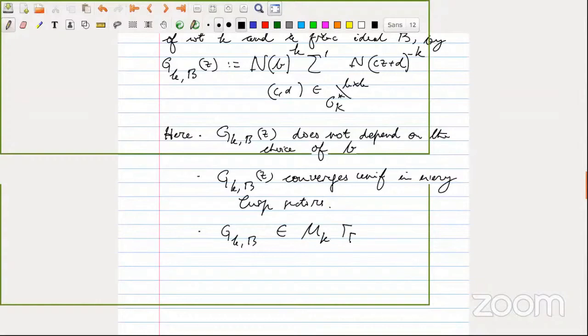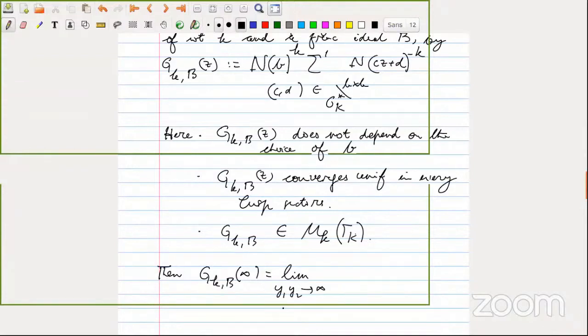Okay, so here I have Gamma_k. Now what is this good for? What does it do? Then one can check the following. If I look at G_k^B and its value at the cusp infinity, all we have to do is take the limit as y1, y2 goes to infinity.